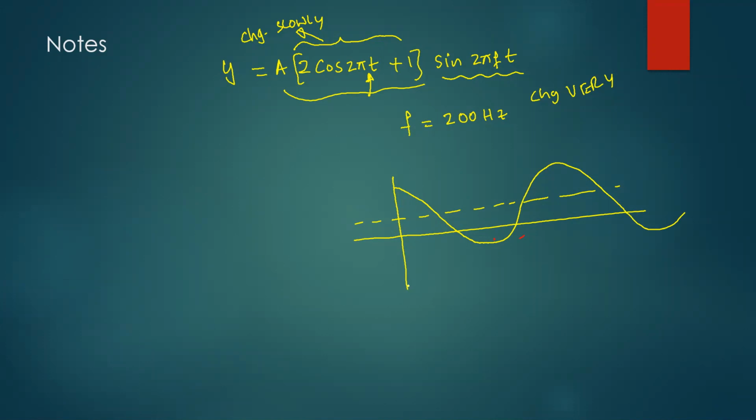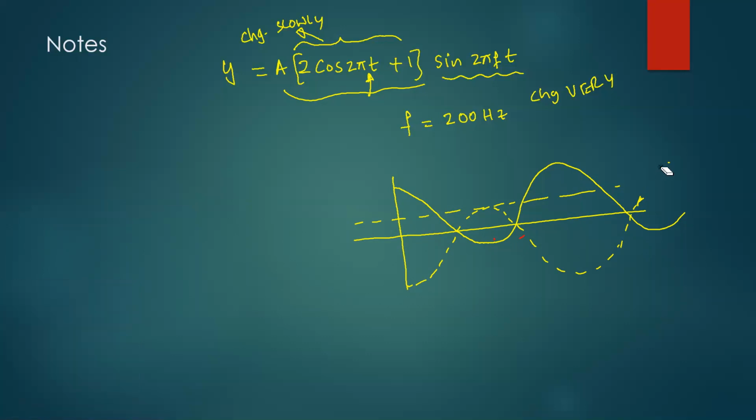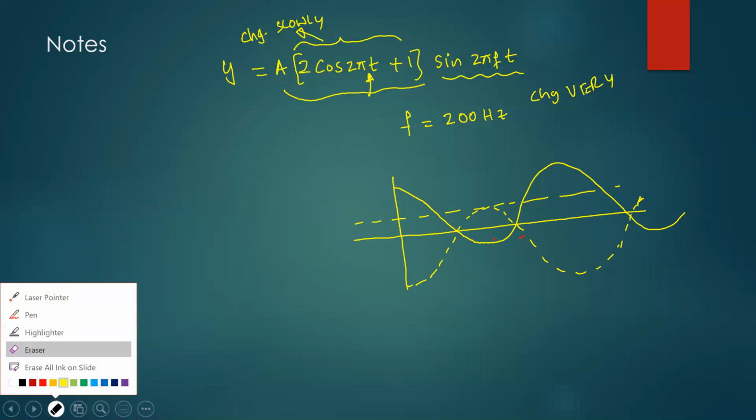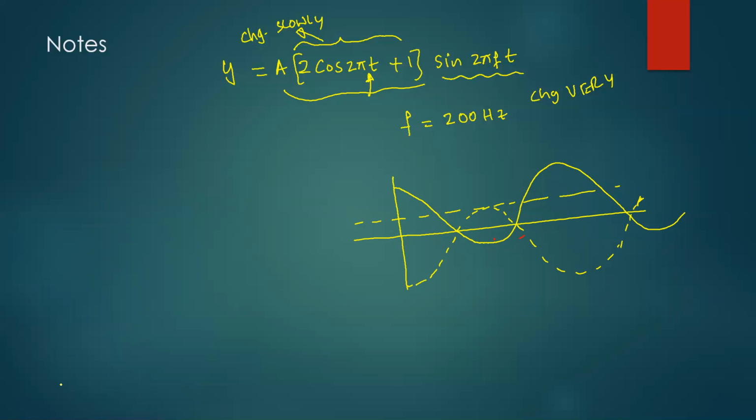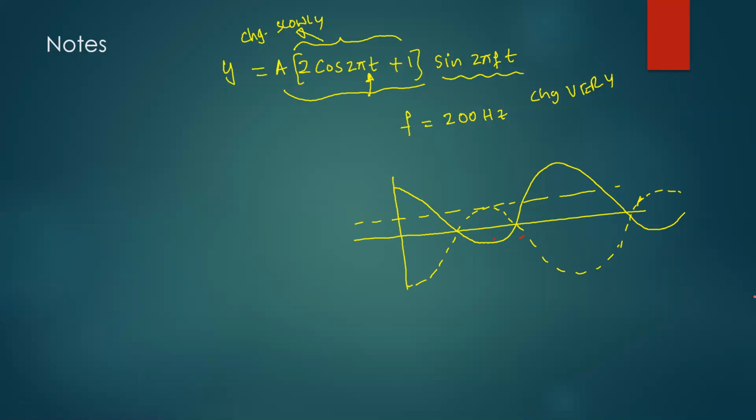So the mirror image goes something like this. You understand? You take a mirror image, and then the fast moving function will be between these curves.